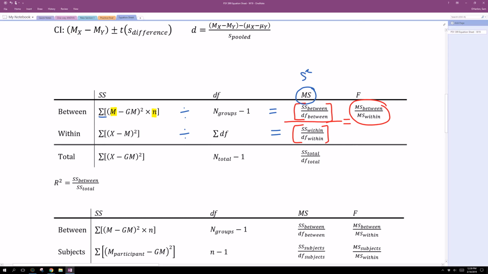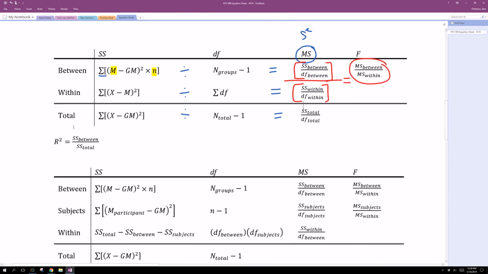Same in the total row. Right? So there were no equations that you needed to memorize here. You just need to recognize the symbols that you've been using all along. And then R squared, we're just pulling things from the table that you already have, right?